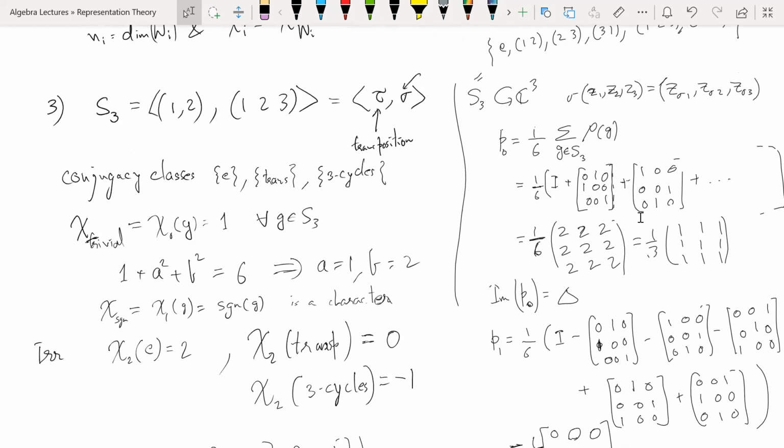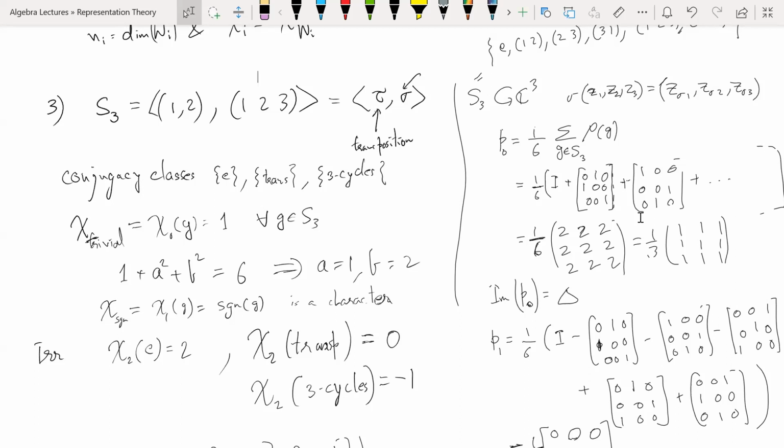There are some relations between characters, which we observed by studying the regular representation. Using those relations, we got that the value of chi2 should be 0 for transpositions and -1 for three cycles.